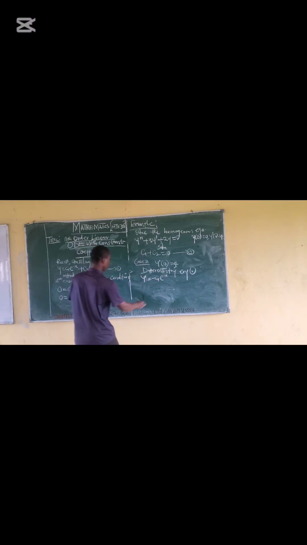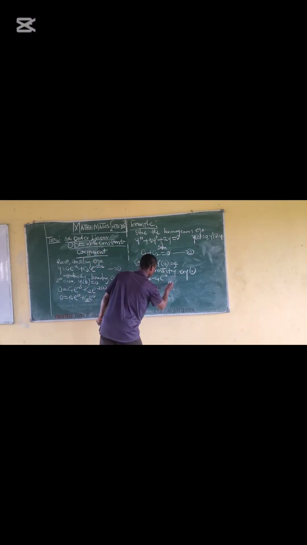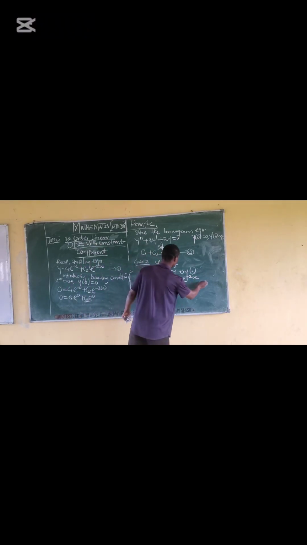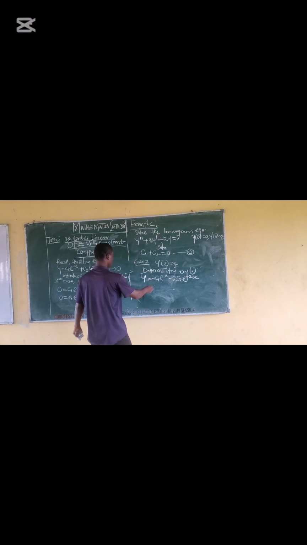All right, so for c2, this is a minus. So minus 2 times the whole of this expression turns into minus 2c2 exponential minus 2x.